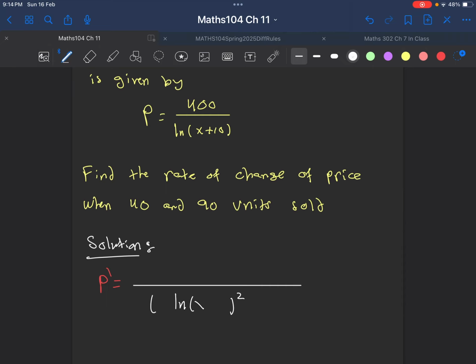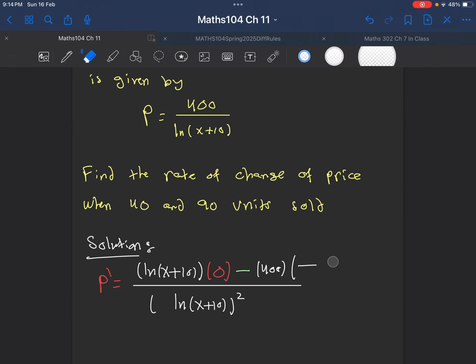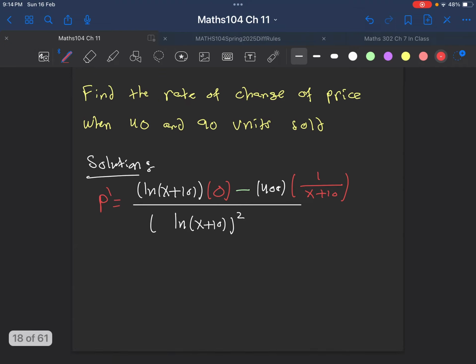We take the denominator times the derivative of the numerator, which is 0, minus the numerator, which is 400, times the derivative of the denominator, which will be just the derivative of ln. It's just 1 over whatever is inside the ln divided by the derivative of the inside.